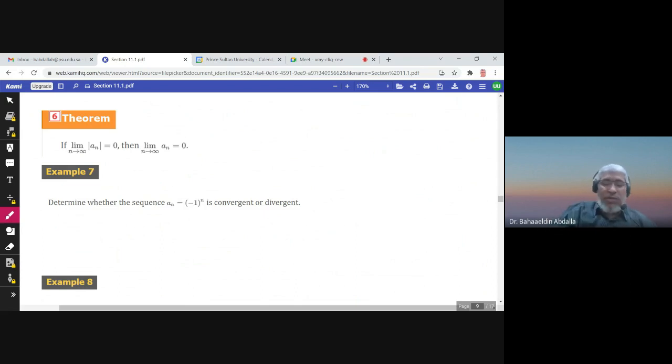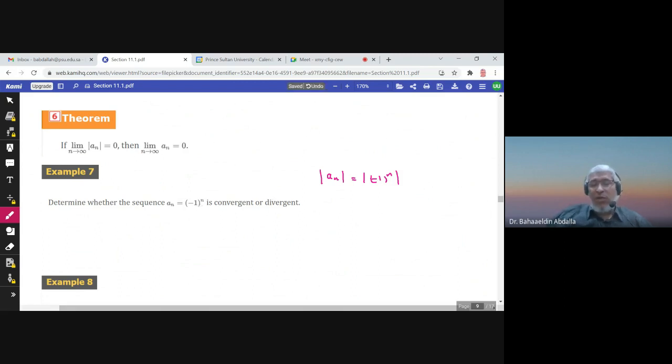The third theorem in the section is this one. If the limit of the absolute value of a_n is 0, then the limit of a_n is 0. So a_n is a sequence, for example, this one, (-1)^n. If I take the absolute value of a_n, it would be the absolute value of (-1)^n.